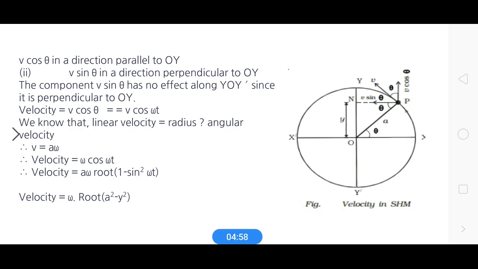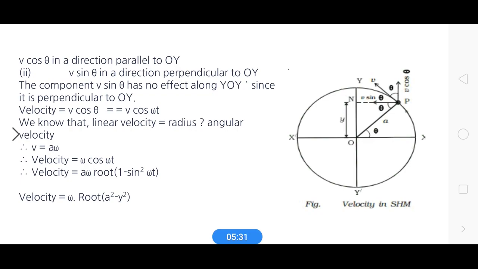Here N is the foot of the perpendicular and it makes one complete oscillation during one complete rotation of the particle. So the oscillation is along the vertical direction. So we have to choose the component of velocity along the vertical direction, that is along the OY direction. So here v cos theta is the velocity component along the y direction.